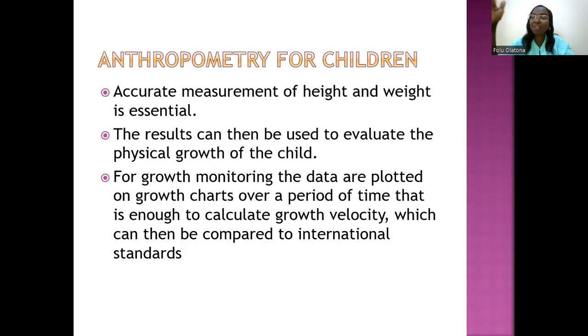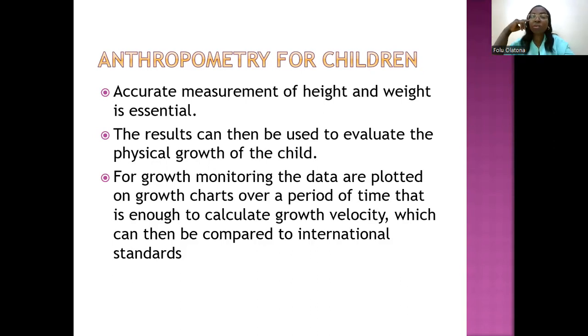Every child should have that chart that is called road to health chart. So you plot the height on the vertical axis and the weight on the horizontal axis. And after a while, when you join the intersects, it will form a graph.